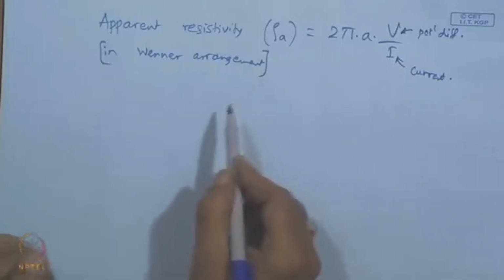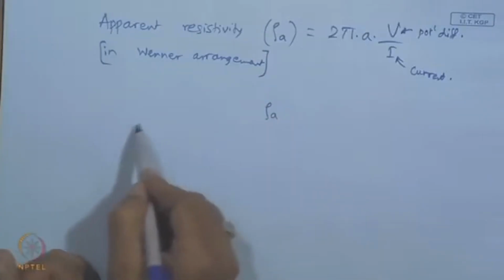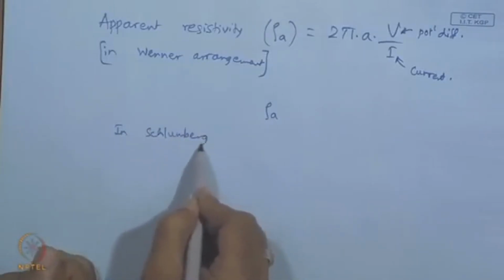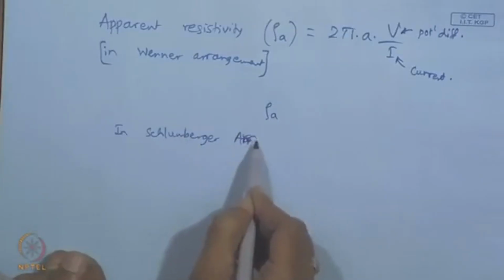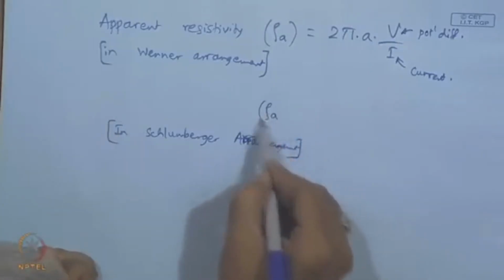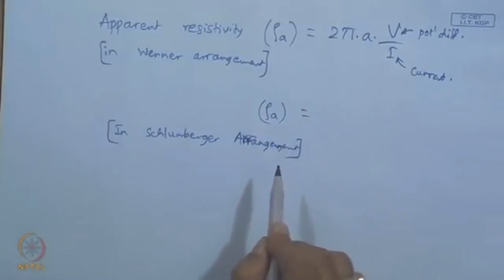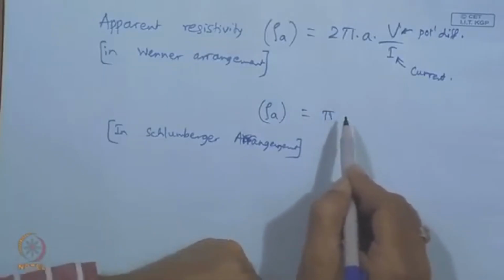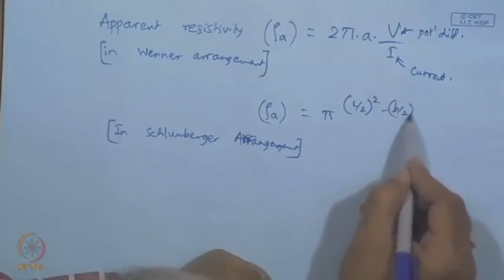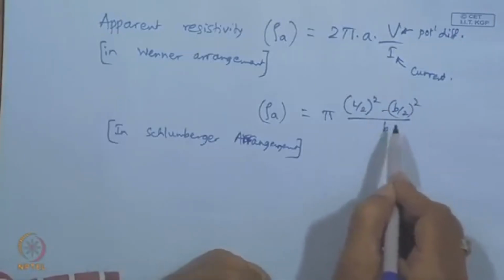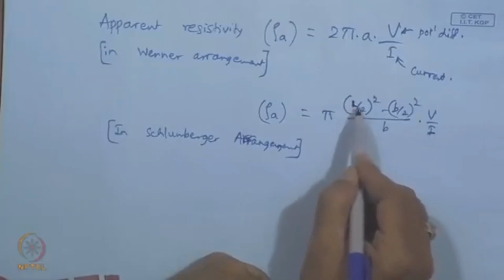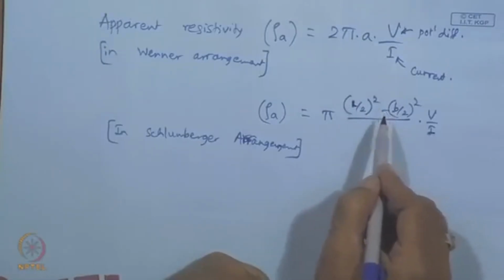Similarly, the apparent resistivity in the Schlumberger arrangement, rho A, is given by pi times (L by 2 squared minus B by 2 squared) divided by B, into V by I, where L is the distance between the current electrodes and B is the distance between the potential electrodes.